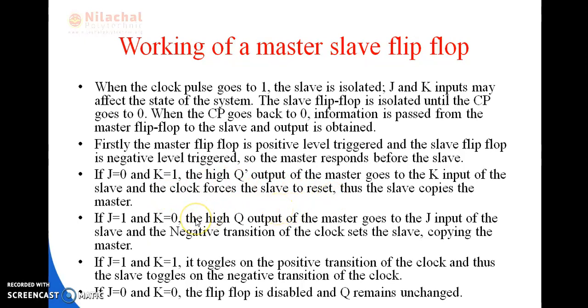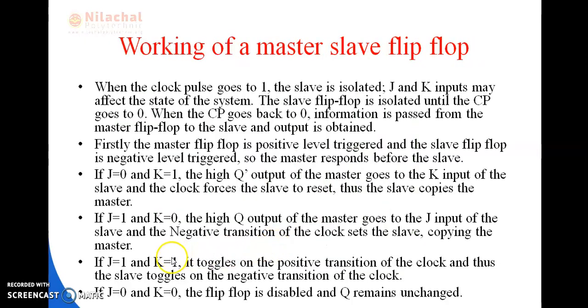Then the second condition is if J equals 1 and K equals 0, the high Q output of the master goes to the J input of the slave and the negative transition of the clock sets the slave, copying the master.